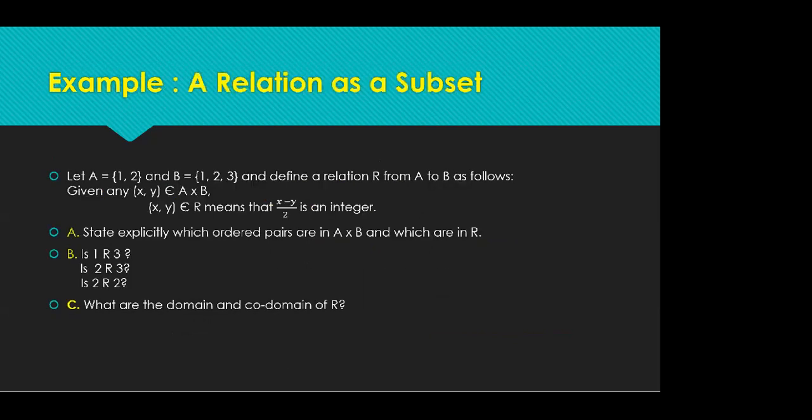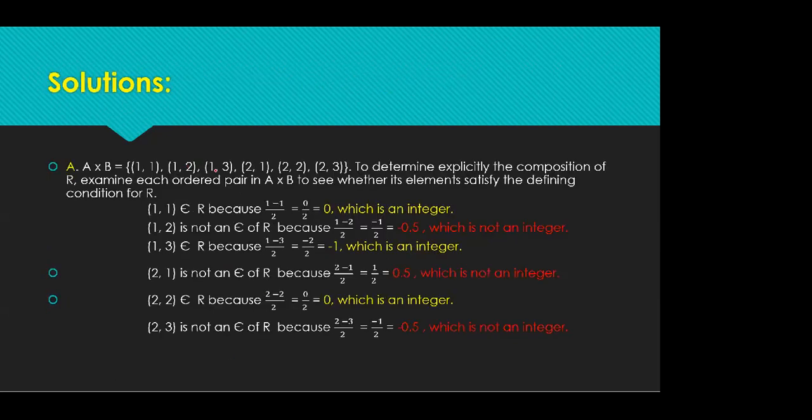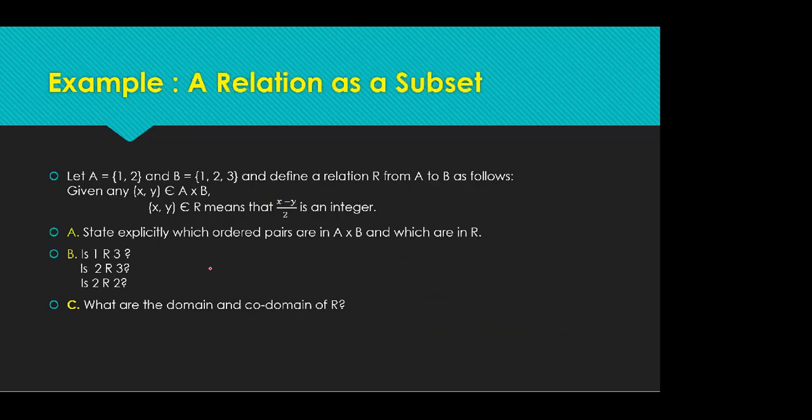So in this question, this is the domain, or x, and this is the codomain, or y. In our ordered pair 1, 3, we test that it is an integer. So is 1 related to 3? The answer here is true.